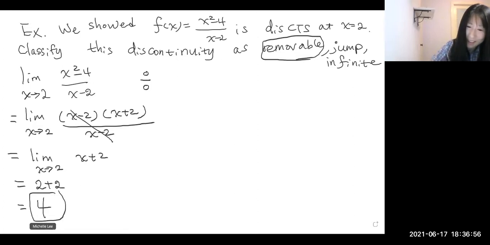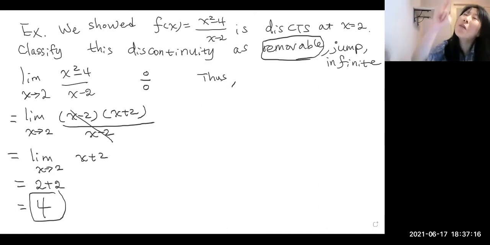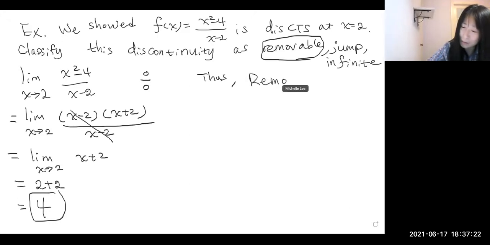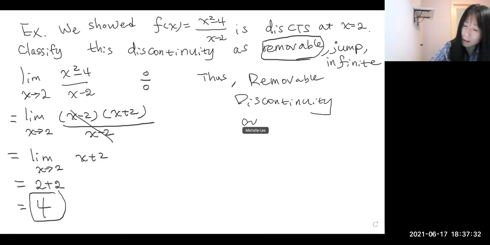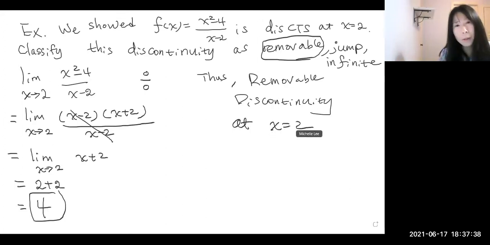So we say that this is a discontinuity at x equal to 2, and this is a type of removable discontinuity. Okay?